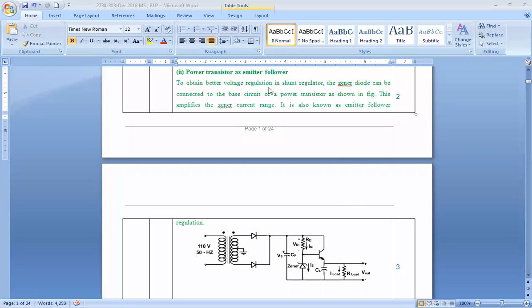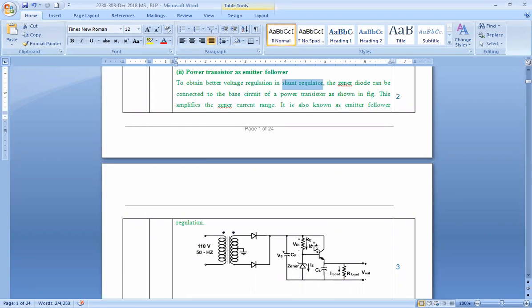To obtain better voltage regulation in a shunt regulator, shunt means parallel, the Zener diode can be connected to the base circuit of the power transistor. So you can find that a Zener diode is connected here, and we are again utilizing the property of the Zener diode. Now, we all know that VBE, the voltage across the base and the emitter, plays a very important role in driving this transistor.